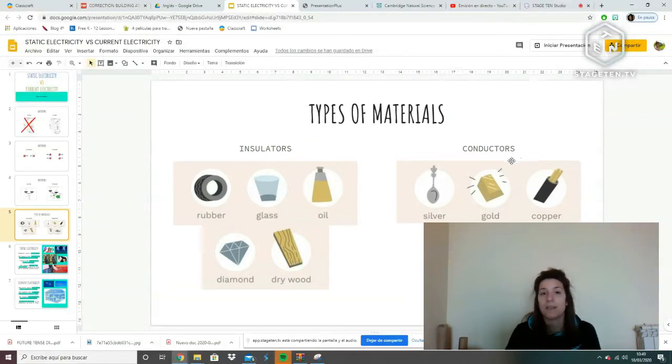Conductors are materials that conduct electricity, through which electricity flows. We have the silver, gold, copper, steel, and also seawater, okay? Or water in general. As you can see, silver, gold, copper, and steel, they share one characteristic, and is that all these materials are metals, all right? So we can understand that metals are good conductors of electricity, okay?